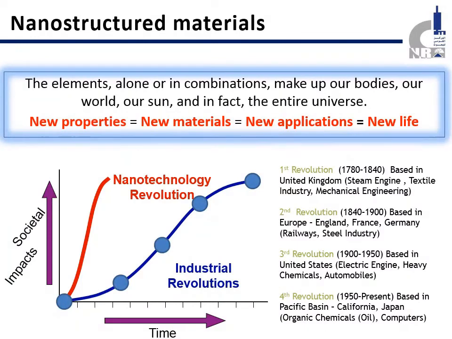In the last 2 centuries, there were 4 industrial revolutions, each of them based on a certain type of material: textile, organic compounds, computers. These industrial revolutions produced an amazing social impact. The value of the social impact could be gained similarly by the nanotechnology revolution, but in a very small period.